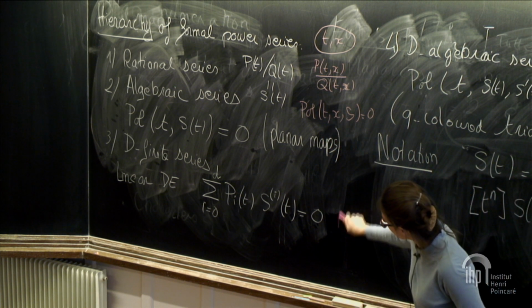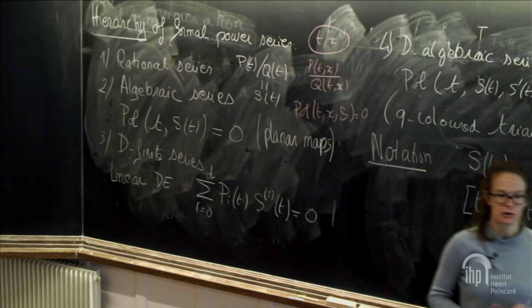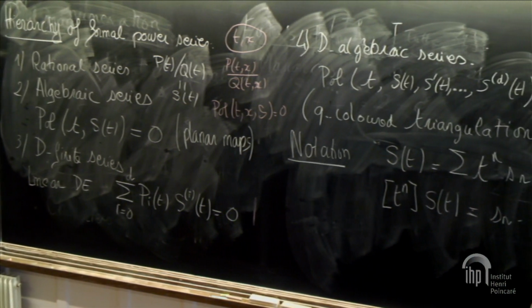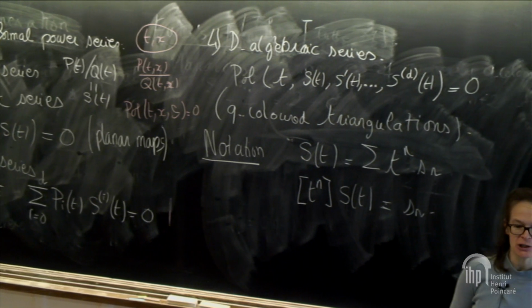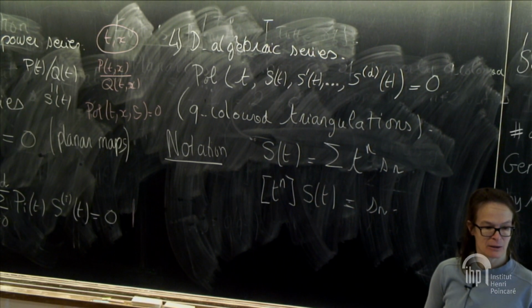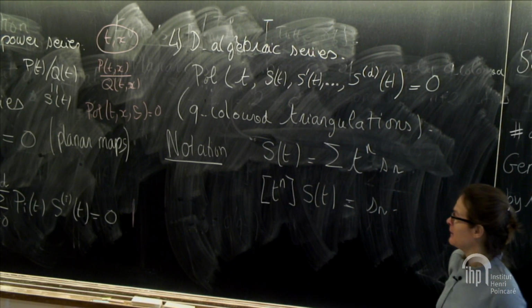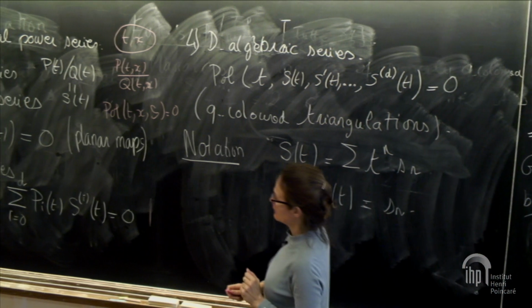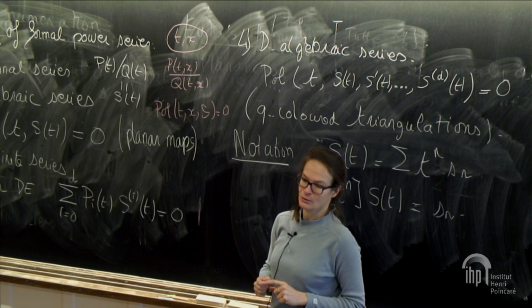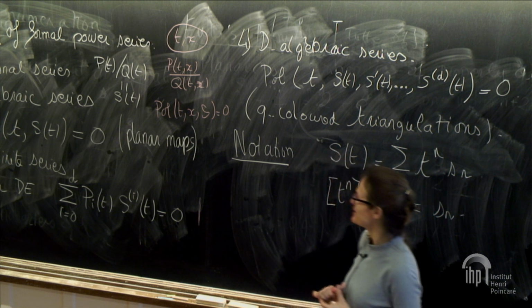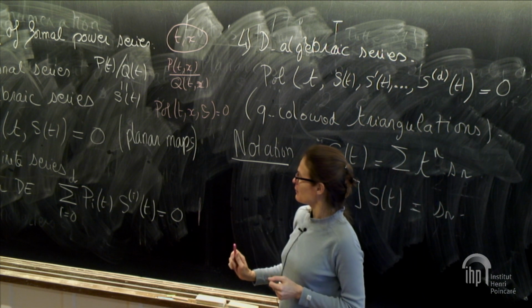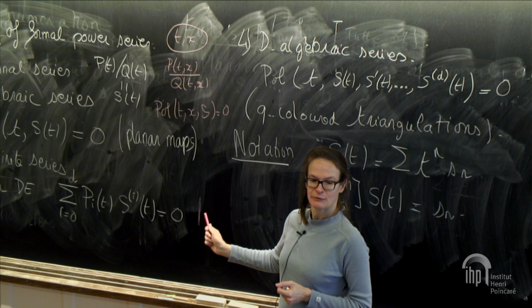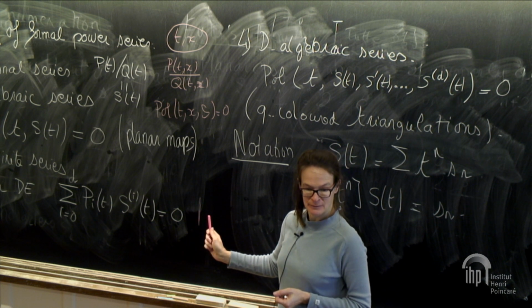What happens here is more interesting, because if you want a good definition that has nice properties, including closure properties, one way of getting nice properties is to require that you have one linear differential equation per variable.